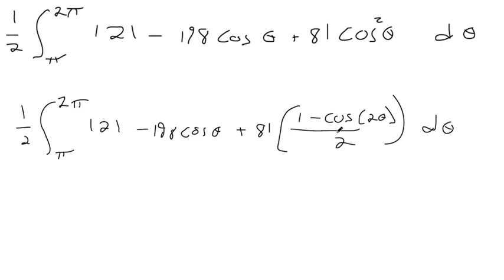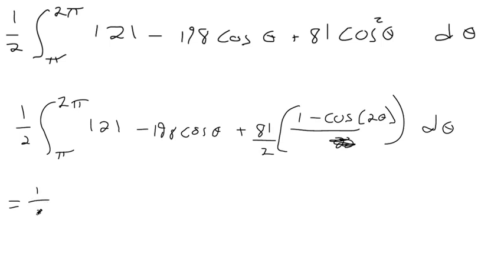Okay, and so that antiderivative is a little bit easier. You can distribute this 81 to the parentheses, or in other words, you could factor out that 1/2. So you've got 81 over 2 for a term, and then 81 over 2 times that cosine.